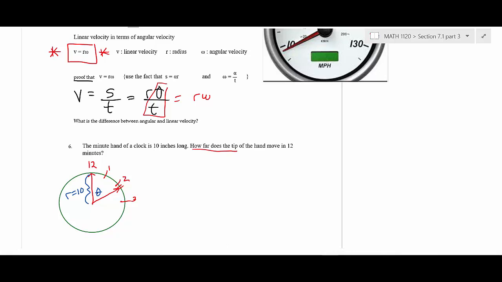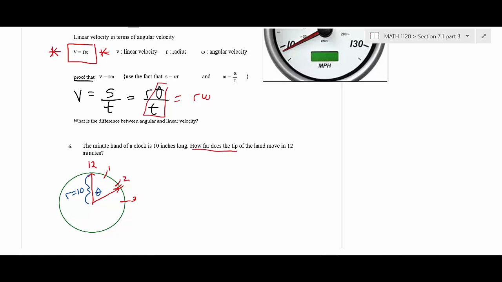Well, let me ask this question. What if it was from 12 to 3? That's obviously 90 degrees, right? What if it was from 12 to 1? What's that angle there? 30, right? If you go around the clock, that would be 30 degrees, 60 degrees, 90 degrees, and so forth. So every time you go 5 minutes, that's a 30-degree angle. But what we know is how many rotations we've gone through.